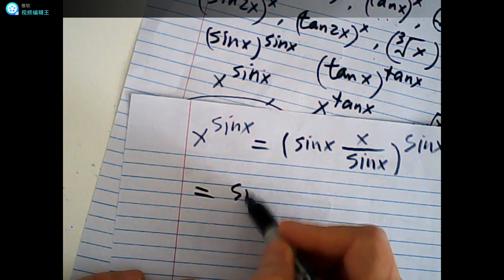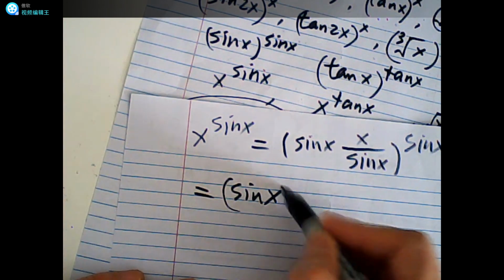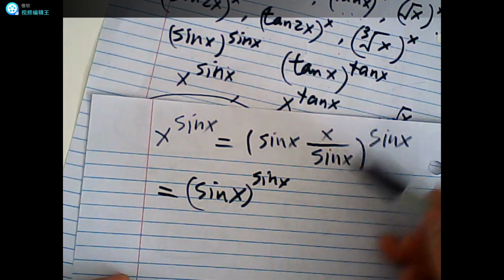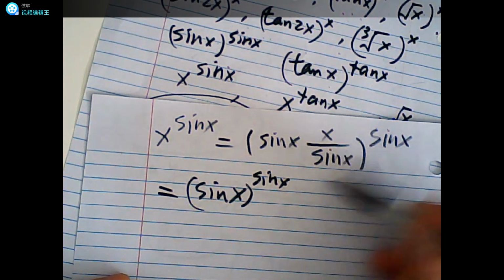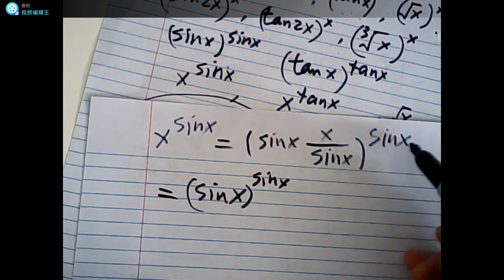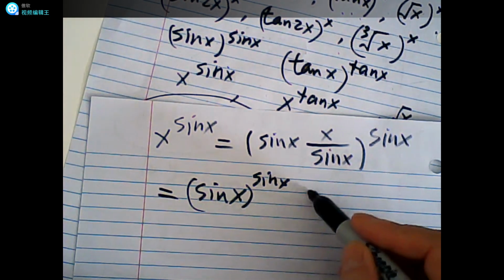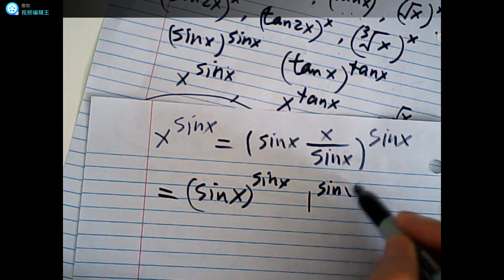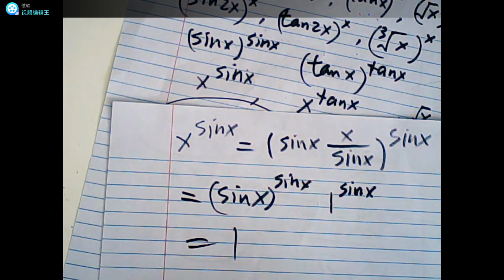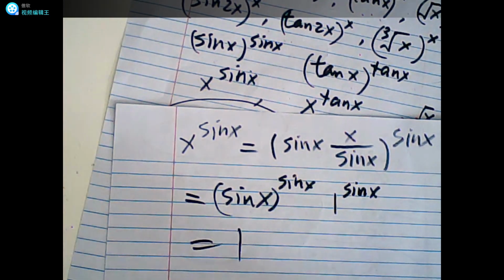Alright, this one equals sine x to the power of sine x. And this one as x goes to 0 is 1. Therefore, 1 to the sine x, 1 to 0, see, that's 1 to the sine x, right? So equal to 1. So this one we have done, it's equal to 1.